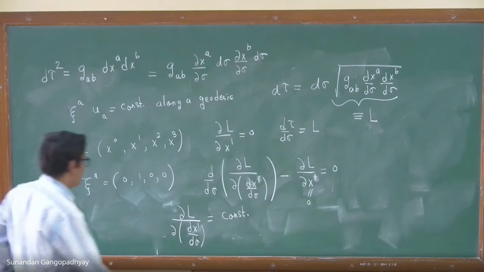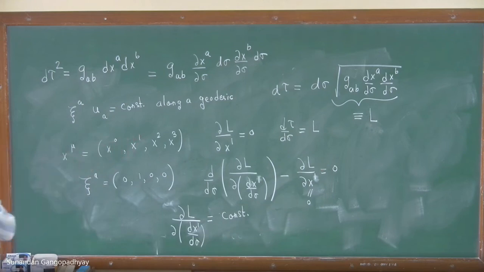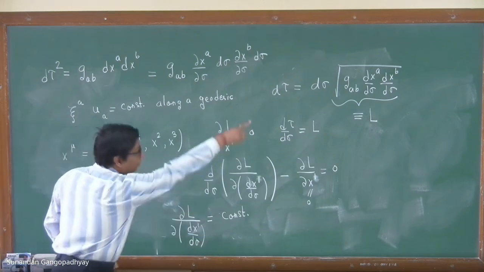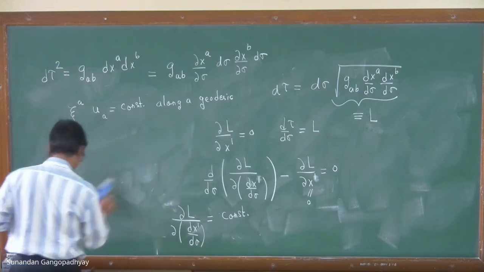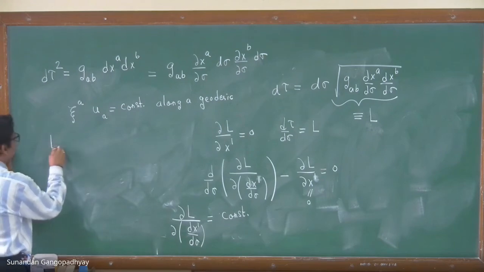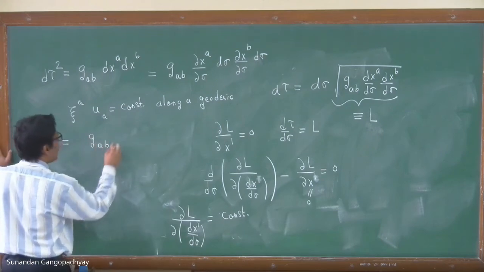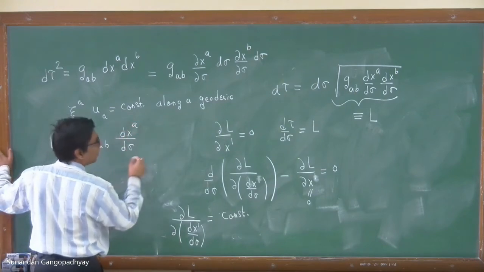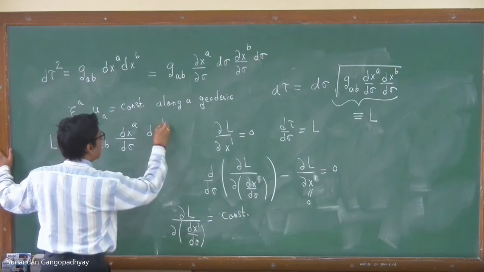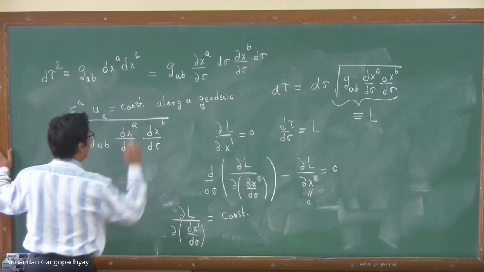But what is del L del of dx1 by d sigma? Please calculate it from there. That is your Lagrangian. You have to calculate this quantity from that Lagrangian. So you have L is equal to the root of g_AB dx^A by d sigma dx^B by d sigma.